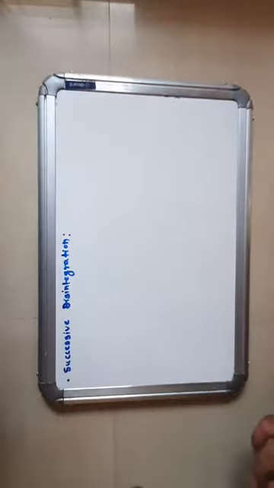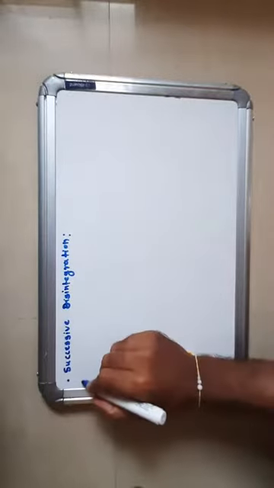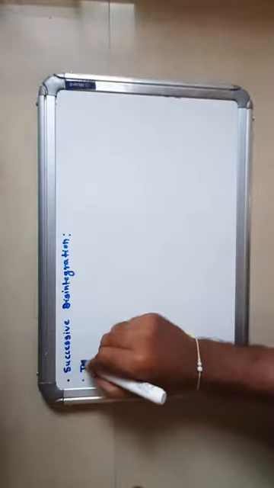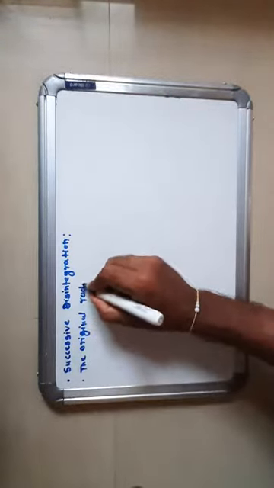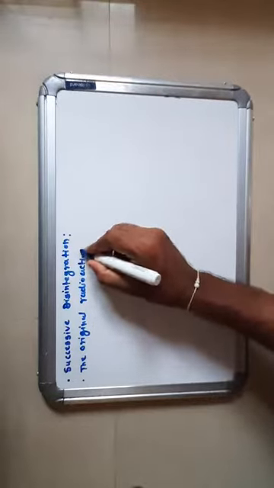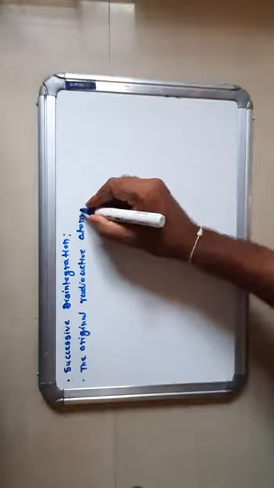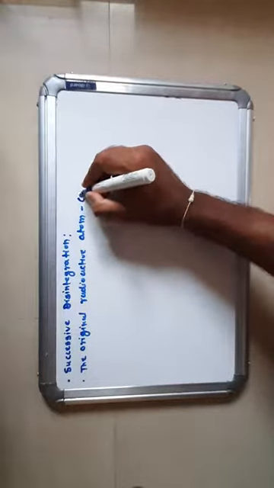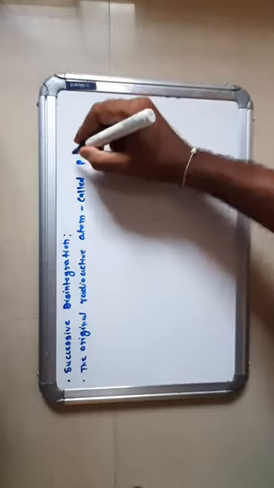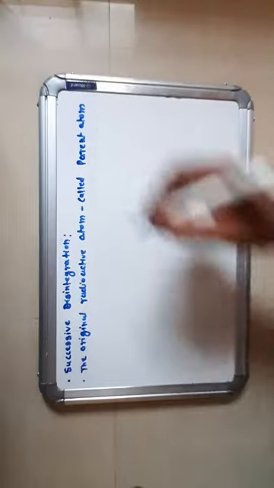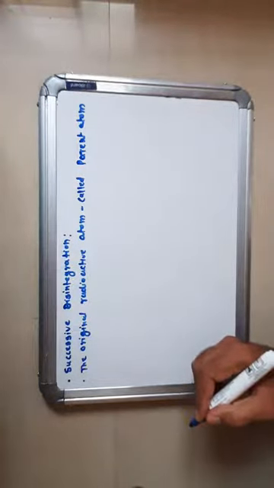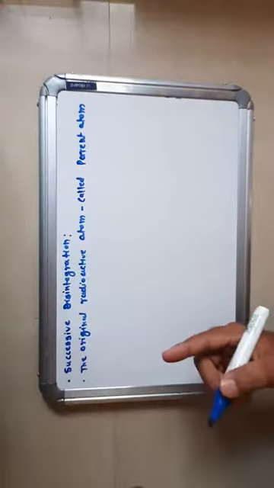Next point is the successive disintegration. In here, this is a very interesting point. Successive disintegration. We know the original radioactive atom is called the parent atom. That parent atom is transformed into a new atom by disintegration.